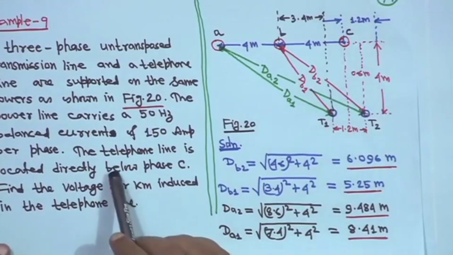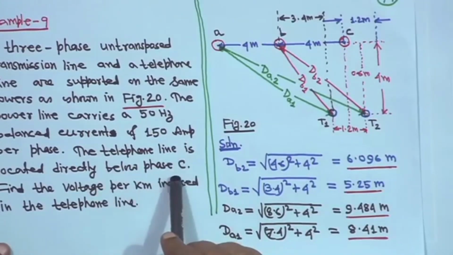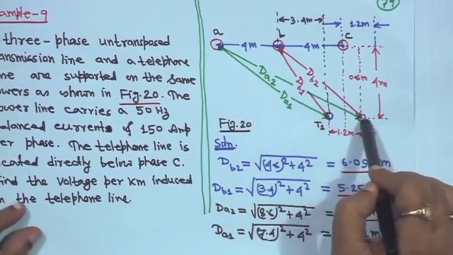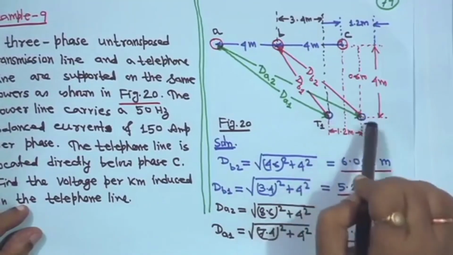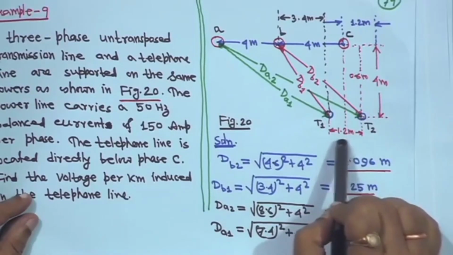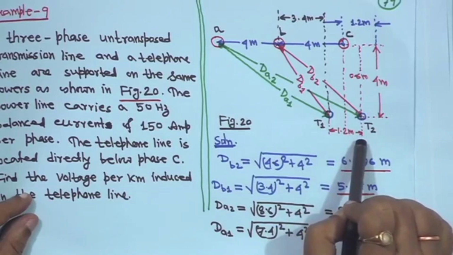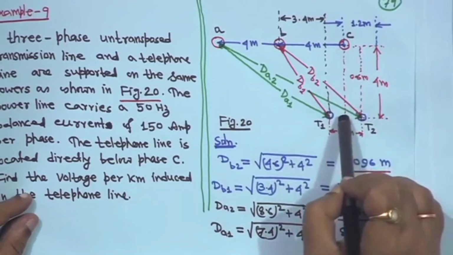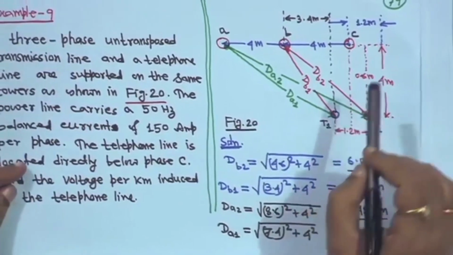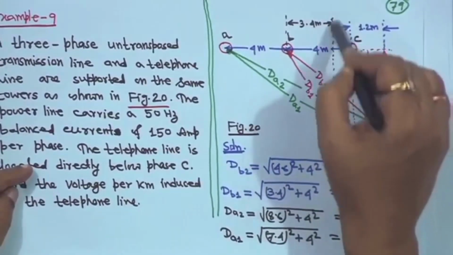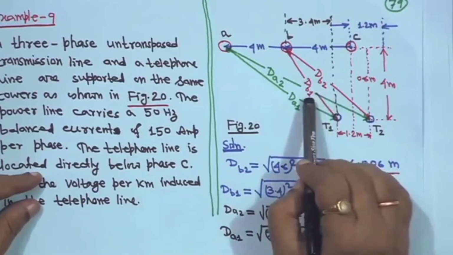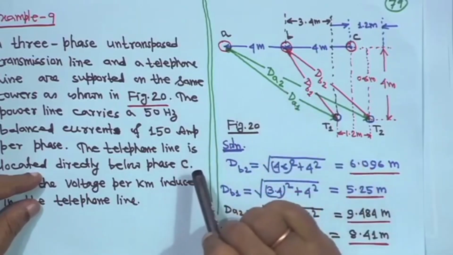So, it is given here, the telephone line is located directly below phase C. So, it is symmetrical. This is T1, T2, the telephone lines, right. Between these two lines the distance is given as 1.2 meter, right. That means from the center point to this one is 0.6, and this side is 0.6. Accordingly, you calculate the distances, because you have to calculate dB1, dB2, dA1, dA2, all the distances.